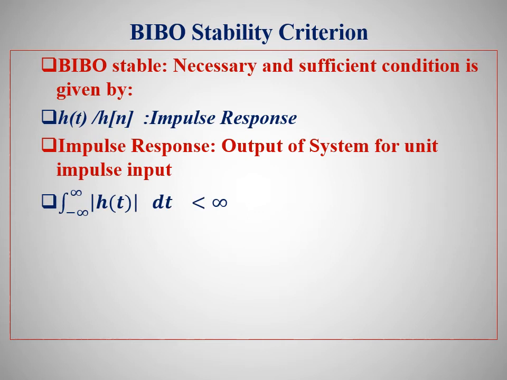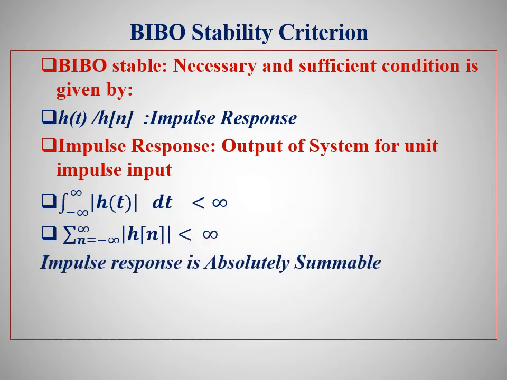Hence, the mathematical expression is the integral from minus infinity to plus infinity of modulus of h of t dt is less than infinity in the continuous case, and in the discrete case it is the summation from n equal to minus infinity to plus infinity of the absolute value of h of n is less than infinity. This indirectly means that the impulse response is absolutely summable.